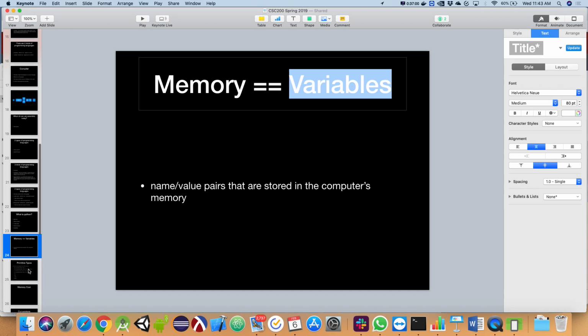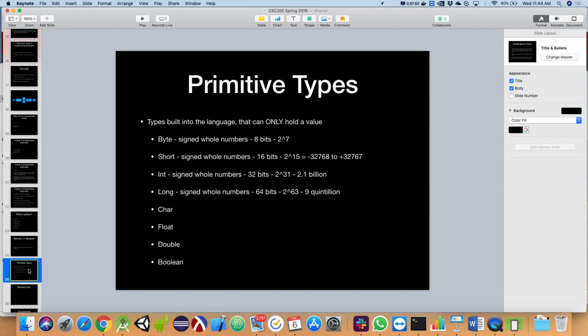Now we want to have some sort of understanding of what that ultimately means. Okay, so we're going to look at a list of primitive types. Now this is actually something that came from the C programming language. All right, this idea of primitive types. And most of our modern languages actually came from C. Okay, so that's why I say programming is a skill set and it doesn't really matter what language you're working with.